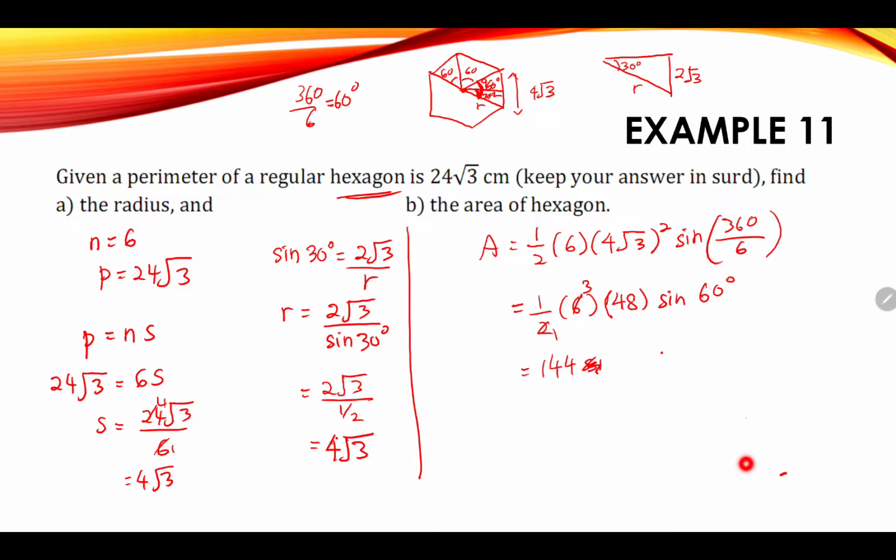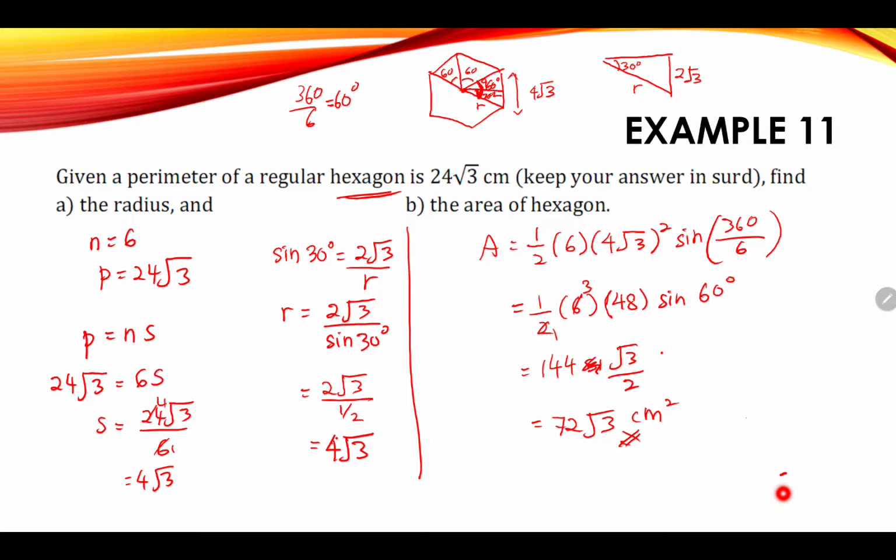Sin 60 adalah square root 3/2. Okay, so 144 bahagi 2. So jawapan dia 72 square root 3 cm square. Okay, so that's how we solve this question.